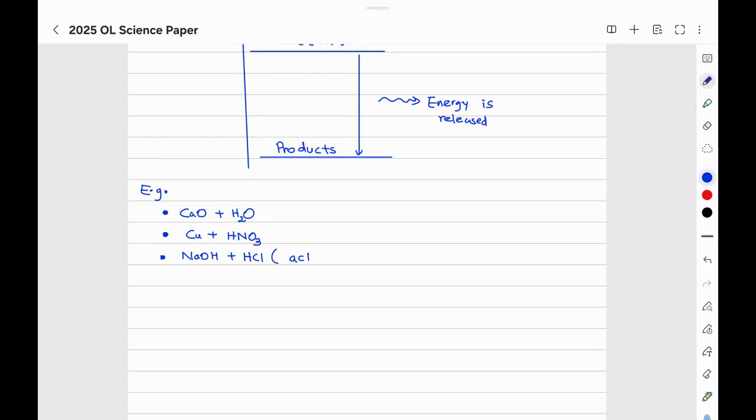Remember, acid-base reactions are exothermic reactions. Okay. Then when metals like magnesium react with HCl, we can consider they are exothermic. Then combustion of fuels, they are exothermic. Then we can say, yes, cellular respiration.